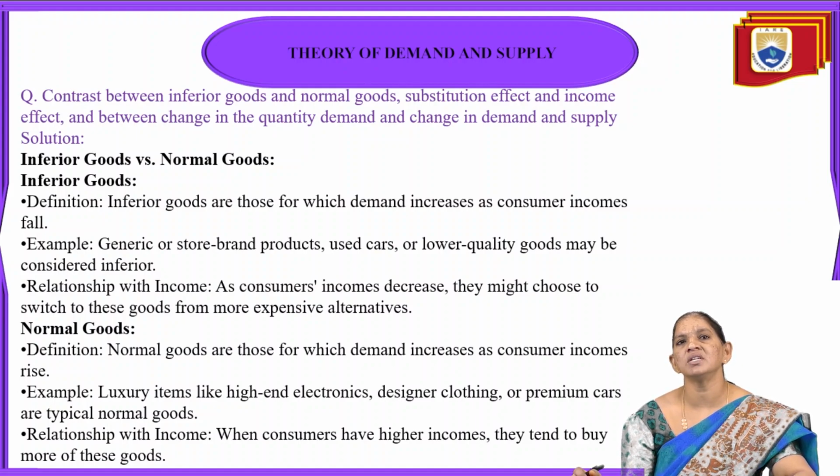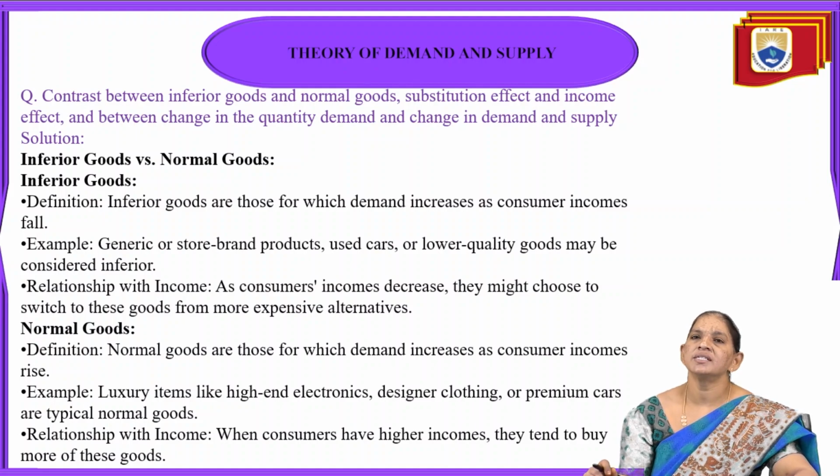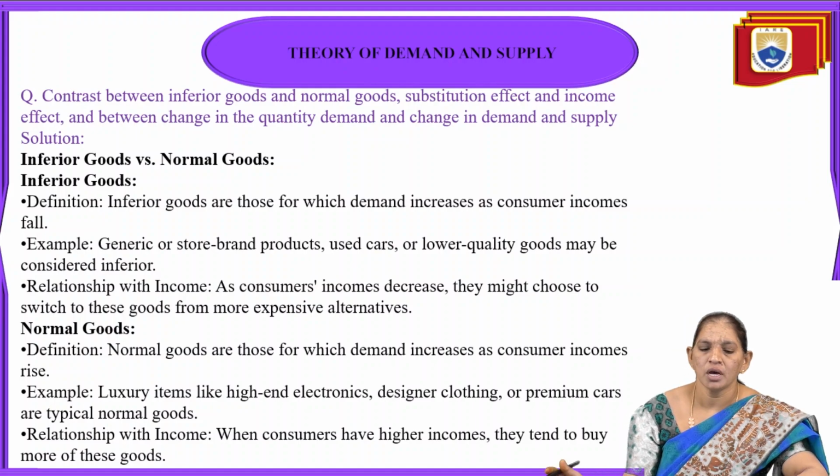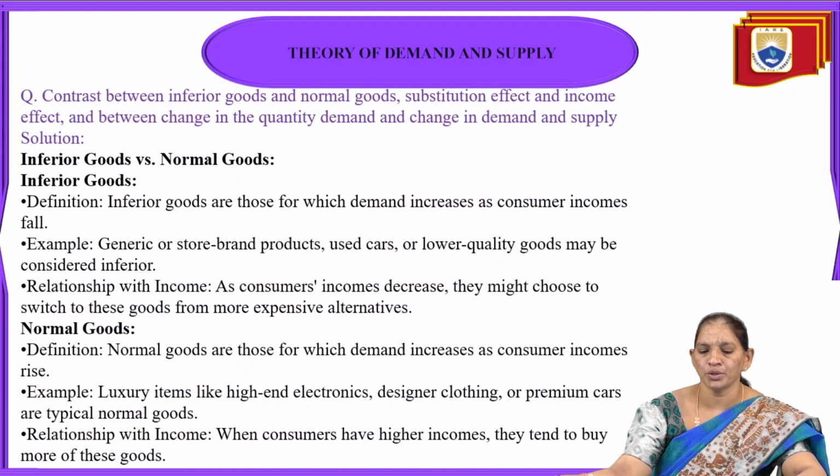So first we come to what are inferior goods and what are normal goods, and based upon these we can go for what changes or effects will be there relating to the substitution, income and quantity supply changes. So first, what are inferior goods.